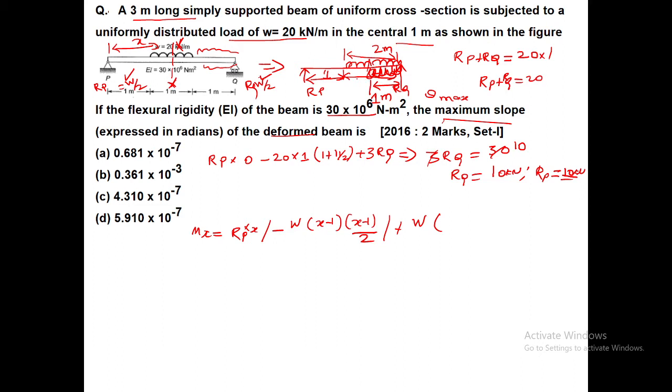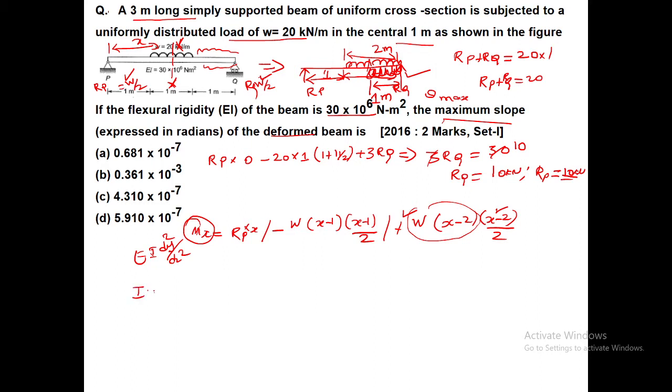Moment about the lower side, then only use the plus sign: W into (X minus 2) into (X minus 2) divided by 2. This is force into perpendicular distance. Then moment about point X, M of X equal to EI d square y by dx square.